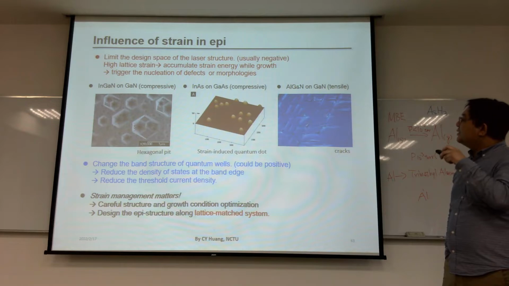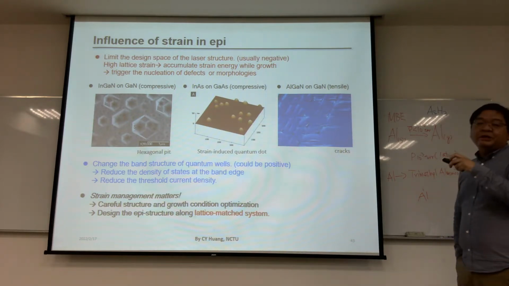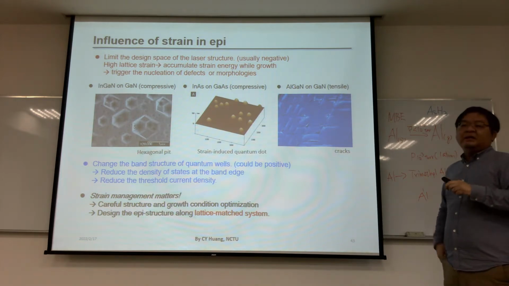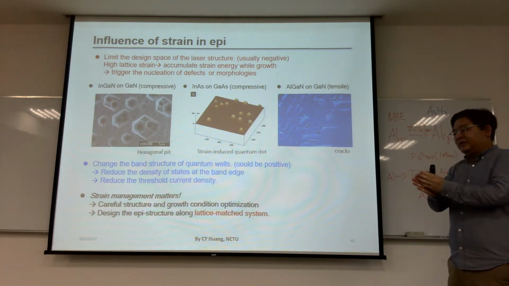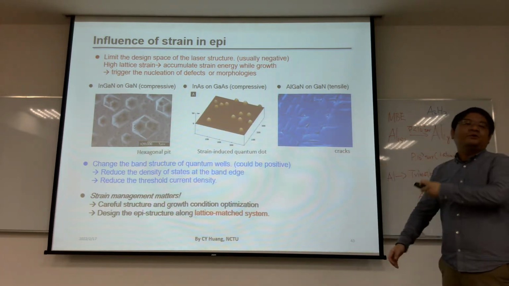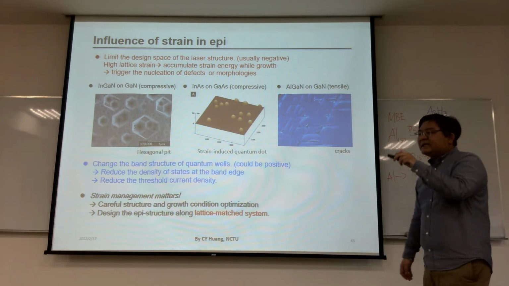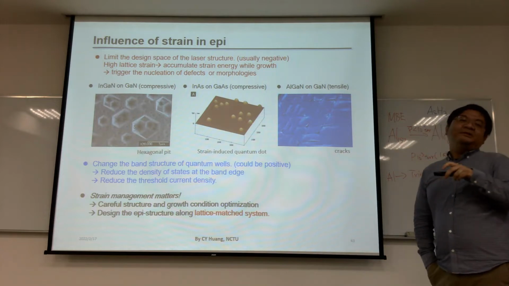This is another example. If you grow AlN, it is tensile strain. If you grow it really thick, it will crack. It cannot hold on to the substrate, it's too tensile and the film just cracks. Then after the film cracks, your device is dead. So there are two ways to deal with this problem.